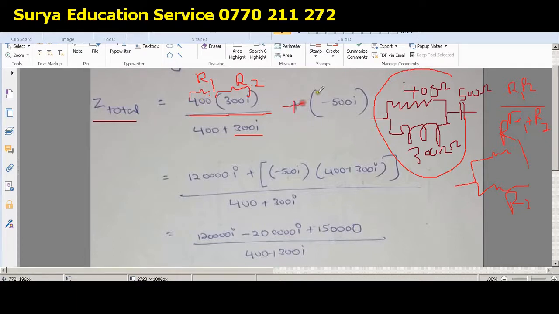And you know why this negative comes. What is the reason for this negative? Because the capacitor lags the resistance. You know that, right? Capacitor lags the resistance because the capacitor leads the current with respect to the voltage. So that is why here we get minus 500 j. So this is the reason here we get positive, because the inductor leads the resistance.